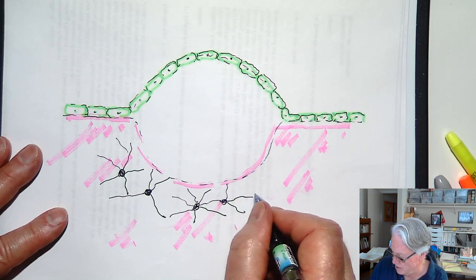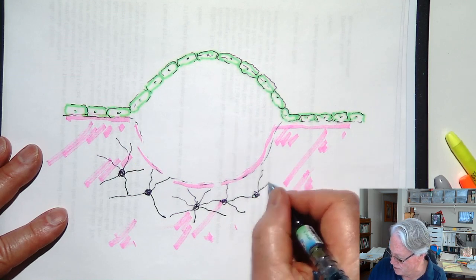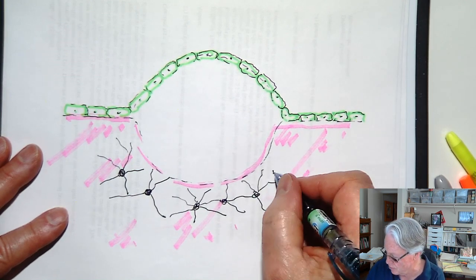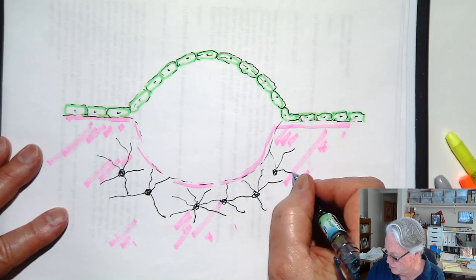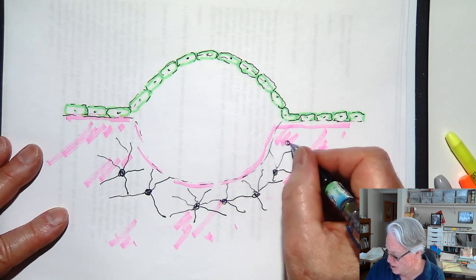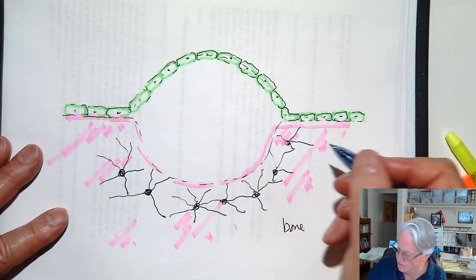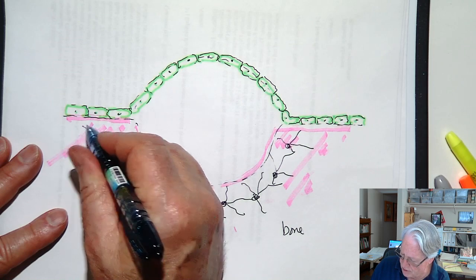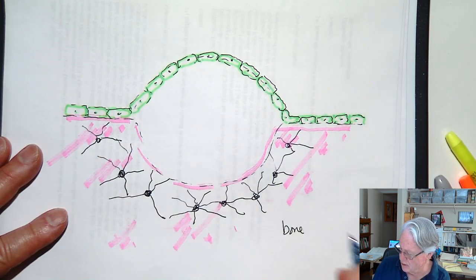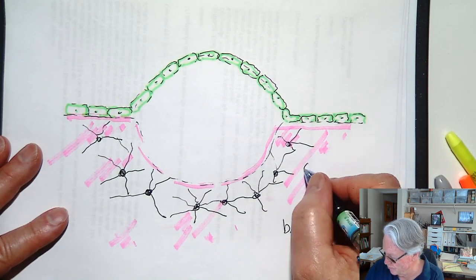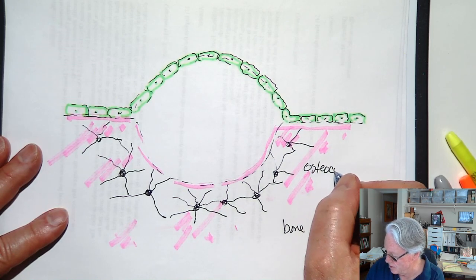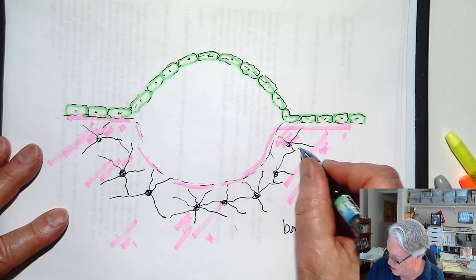And they are releasing these chemicals that are initiating all of this change that we've been talking about, the remodeling process. Those are my osteocytes. Okay. So, osteocytes.